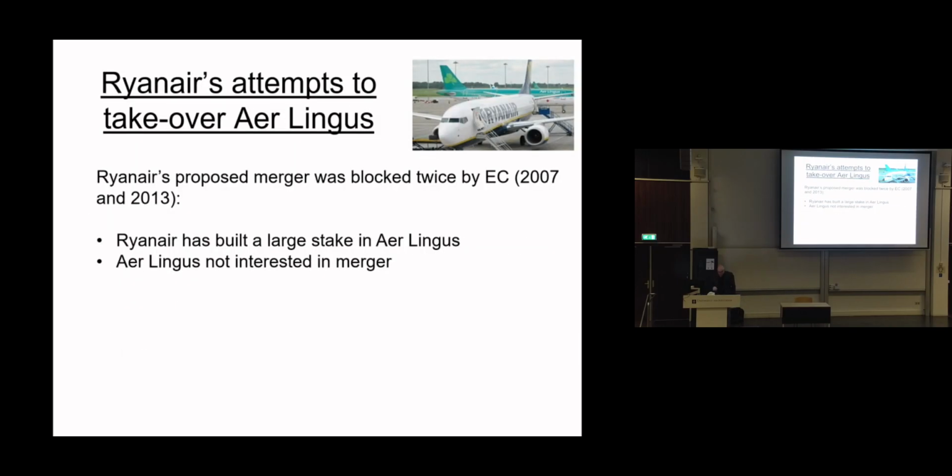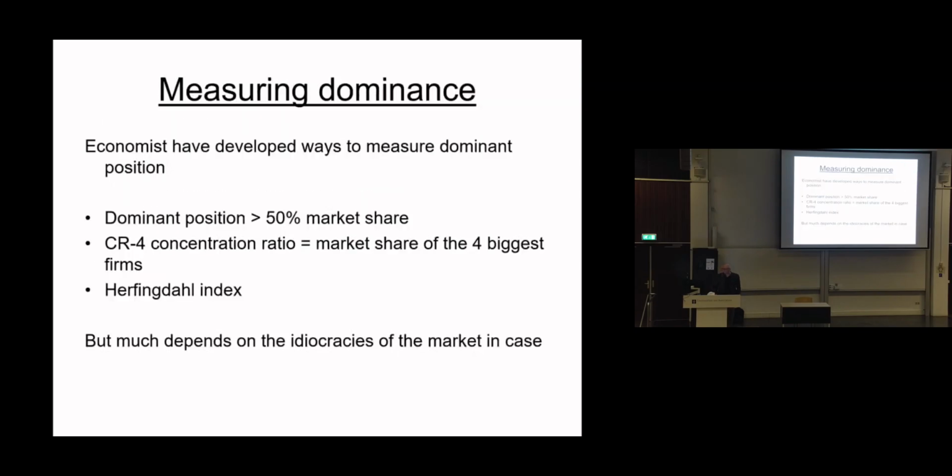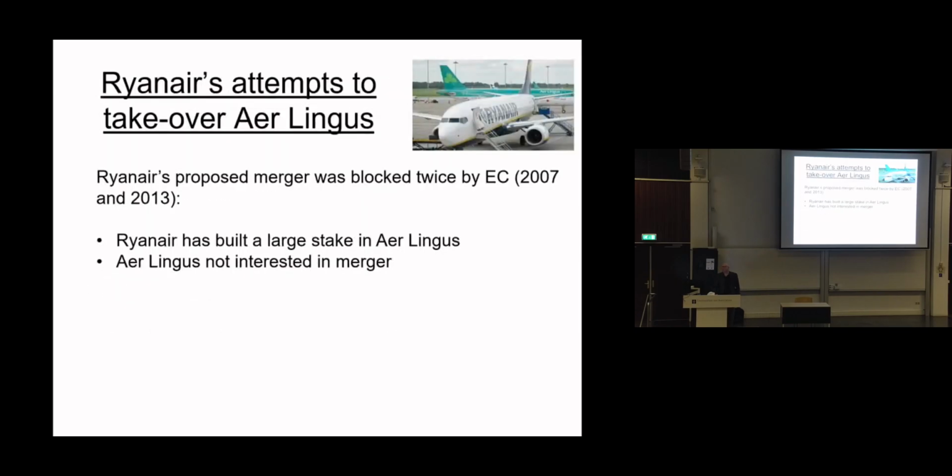All right, and then we talked about the mergers. Again, there's still the problem, how big should a merger be? A famous case in this field is Ryanair's attempt to take over Aer Lingus a couple of years ago.